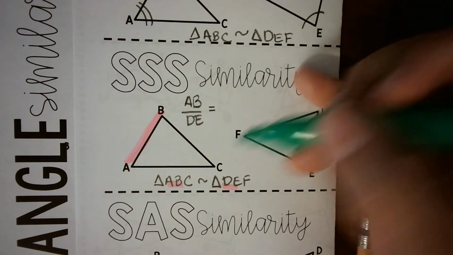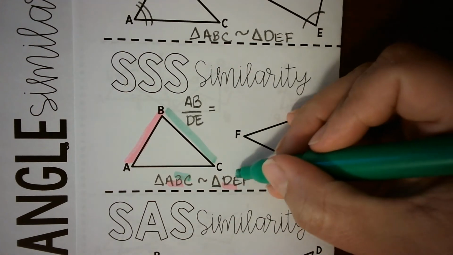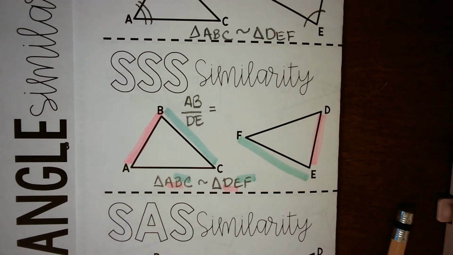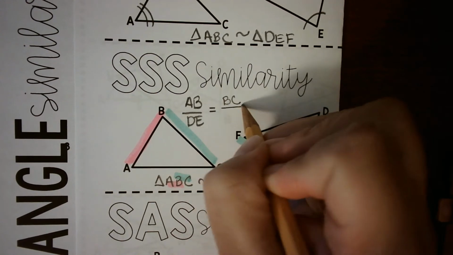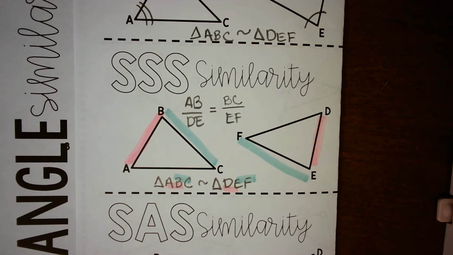So now we have BC, and BC will correspond with the last two letters, EF. That means BC corresponds with the side EF. And these two ratios would have to be the same for this to be true, that they're similar.